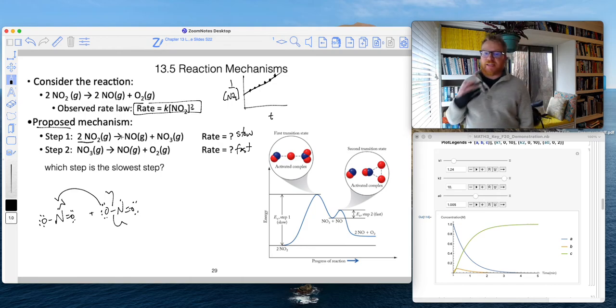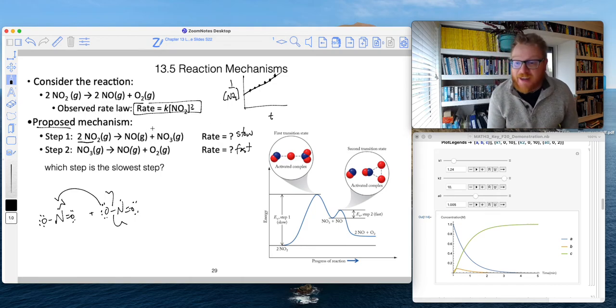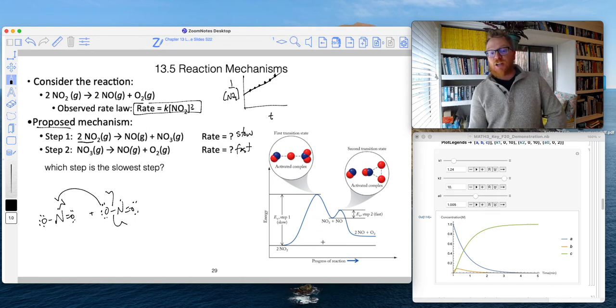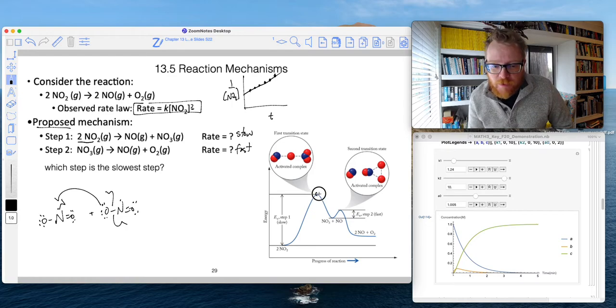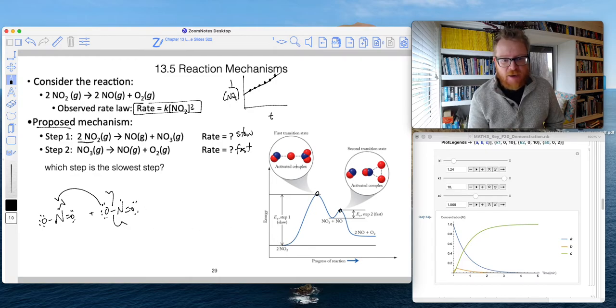If we were to measure the activation energies for a mechanism such as this, we would actually also see two transition states, because there's two steps, right? So in this first step, where it starts with two NO2s, we would go through this intermediate, our activated complex.